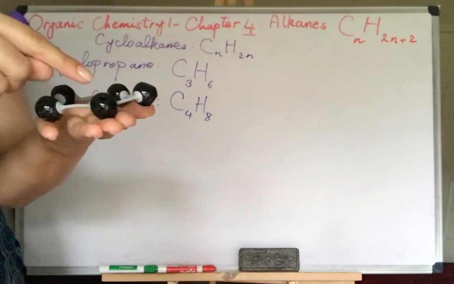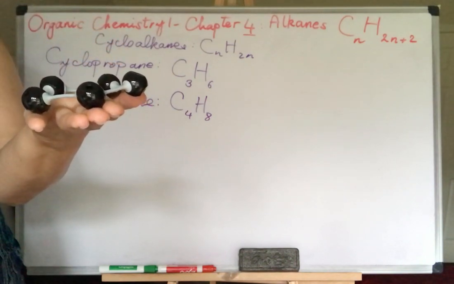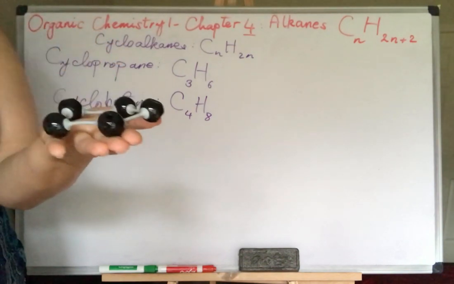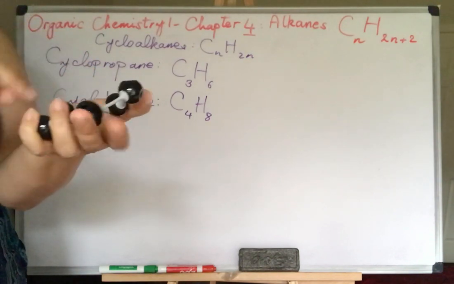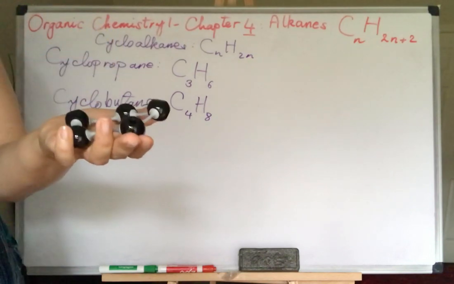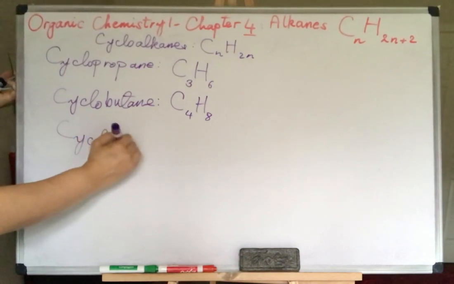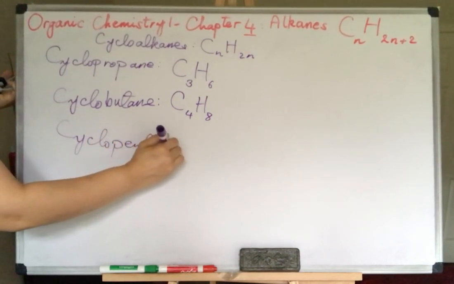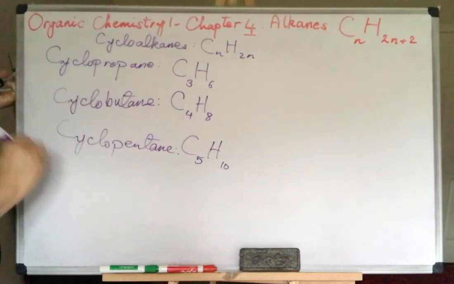Again, the same reason: the steric strain from the hydrogens must be minimized. So that's why this fifth carbon is bent a little bit. That's cyclopentane, with the formula C5H10.